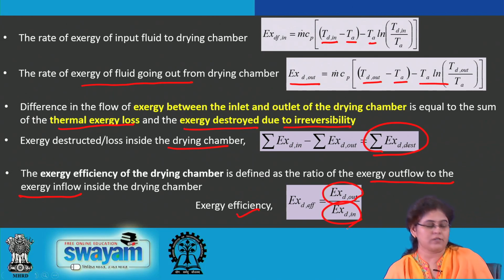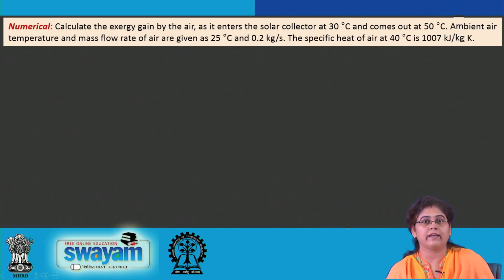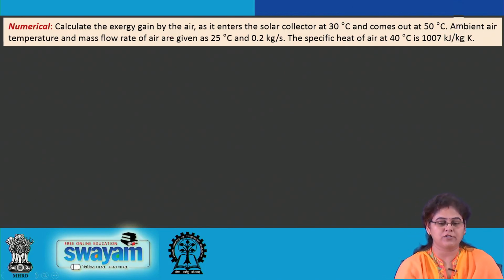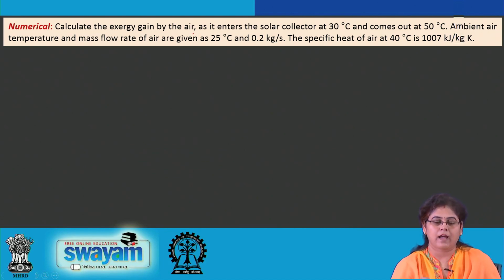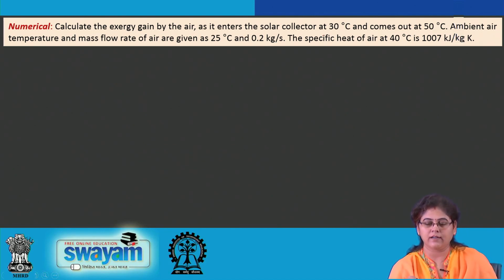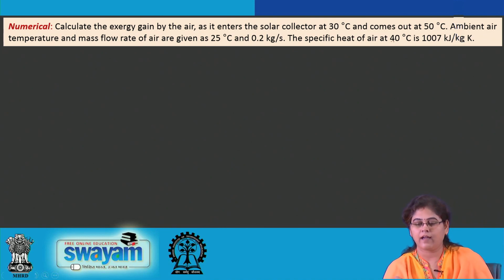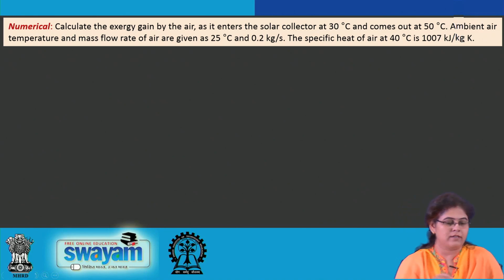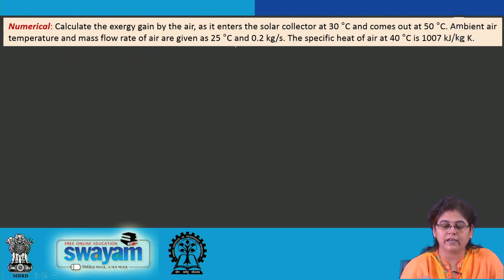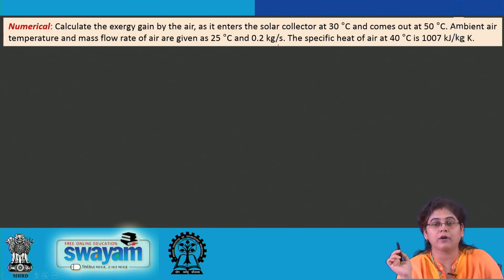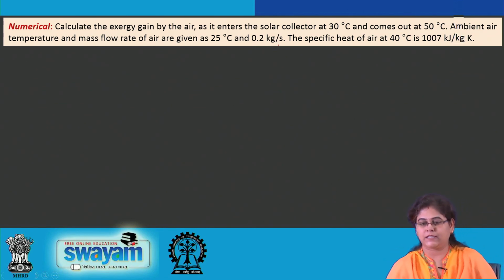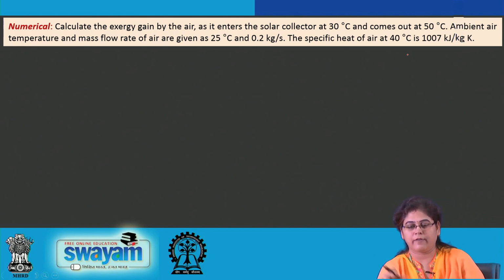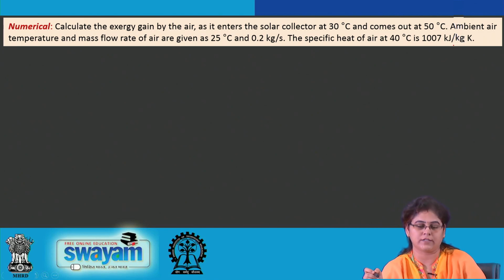So, based on this exergy fundamentals, we will solve one numerical here. Calculate the exergy gain by the air as it enters the solar collector at 30 degree centigrade and comes out at 50 degree centigrade. Ambient temperature and mass flow rate of air are given as 25 degree centigrade and 0.2 kg per second. Specific heat of air at average collector temperature is given as 1007 kilojoule per kg Kelvin.